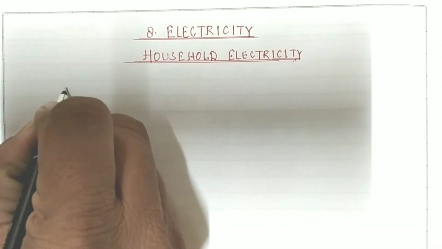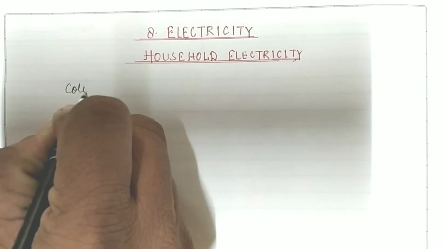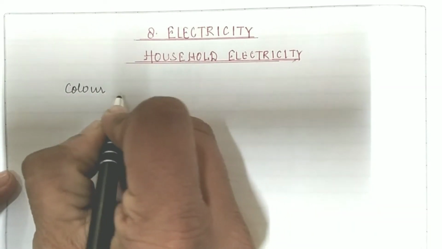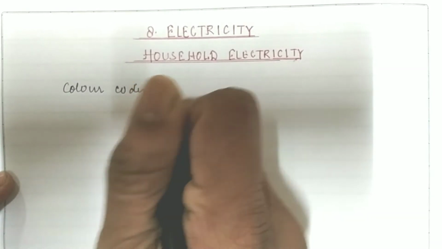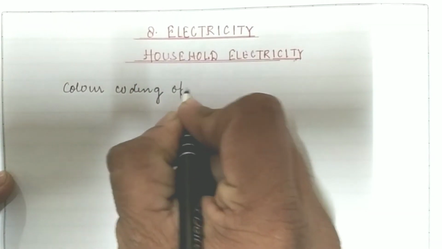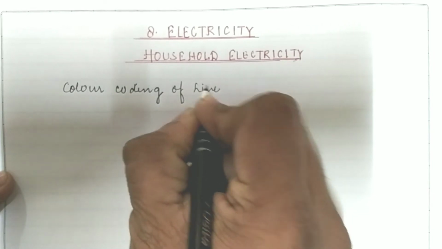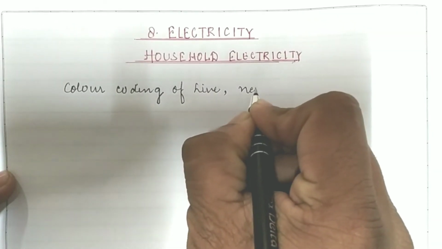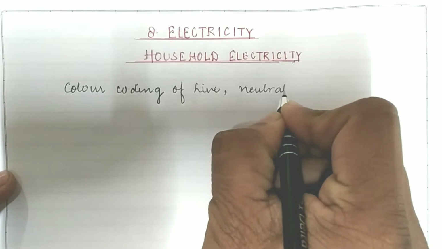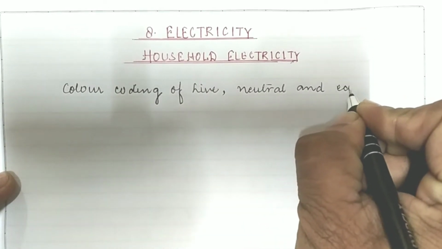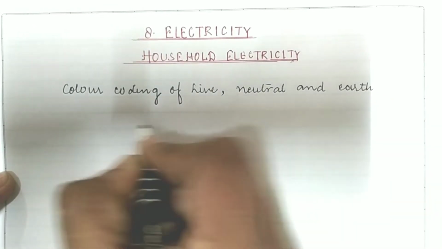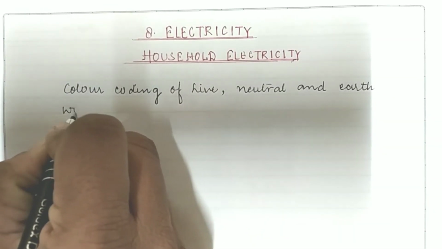So right now we are going to discuss the color coding of live, neutral and earth wire. Children, as we know, different types of wires are used for different purposes.